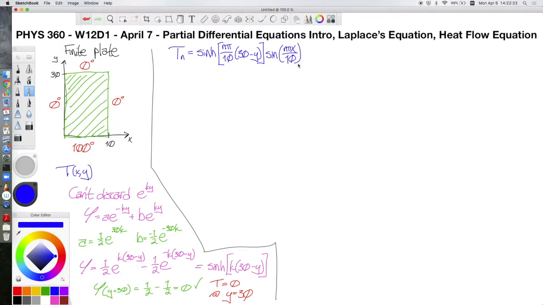Once we've applied our boundary conditions and been a little clever about the way that we write our function for y, these are the basis functions we're left with, and then we will define our answer as a linear combination of these basis functions in the following way.